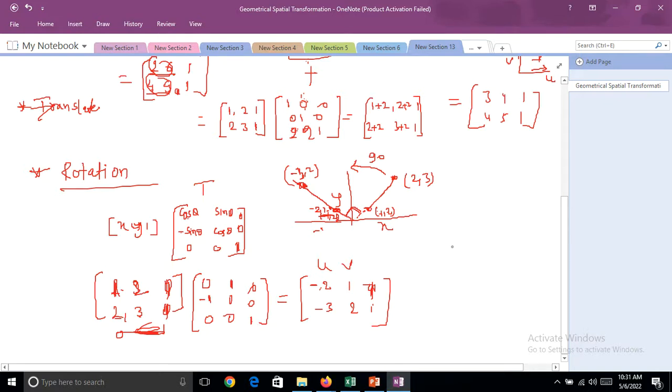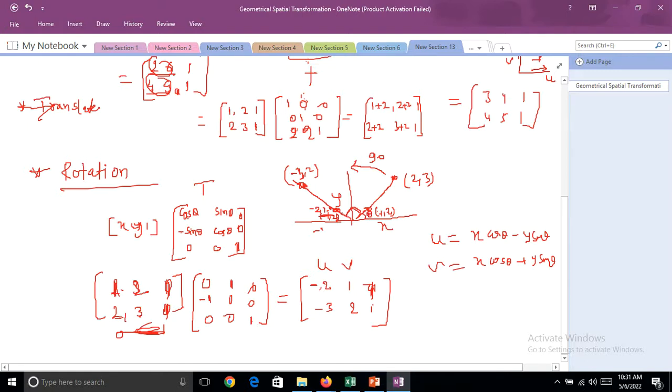Okay, here u will become x cos theta minus y sin theta, and v will become x cos theta plus y sin theta. So here we have to see, first you have to find out what is theta here.